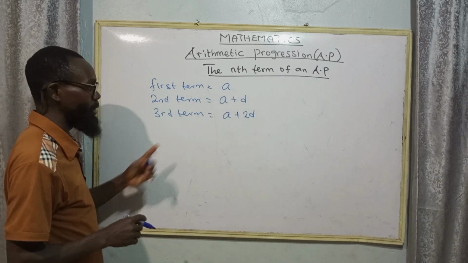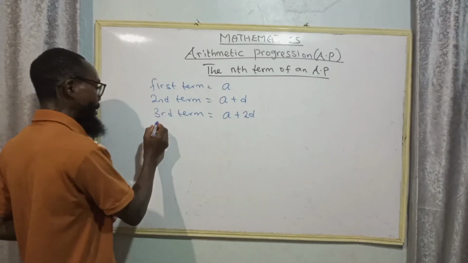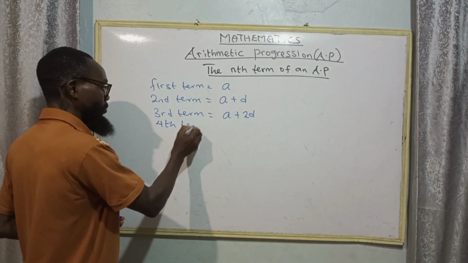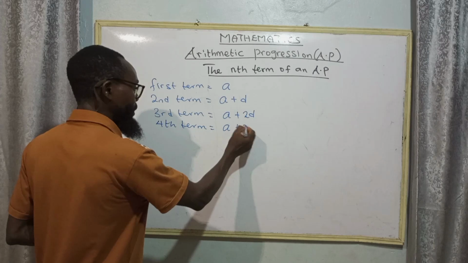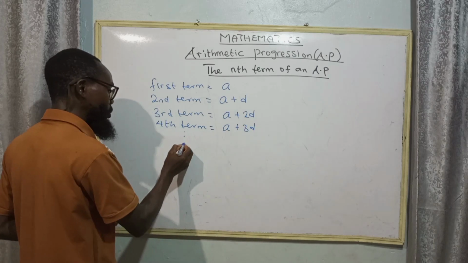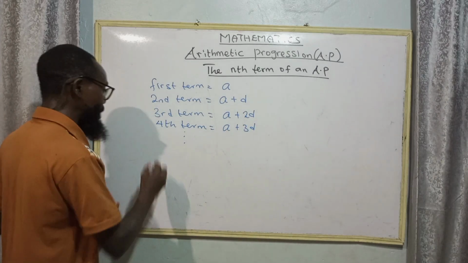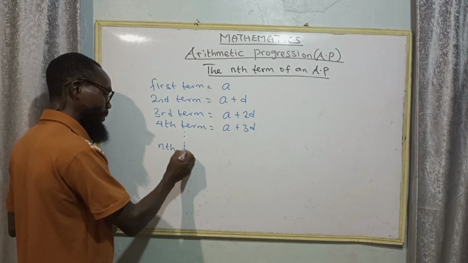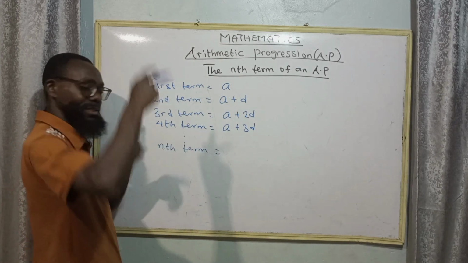That is, the multiplier is one less than the term number. Our fourth term will be equal to A plus 3D. This is how we are going to continue adding until we get to the nth term. Our nth term means the last term.